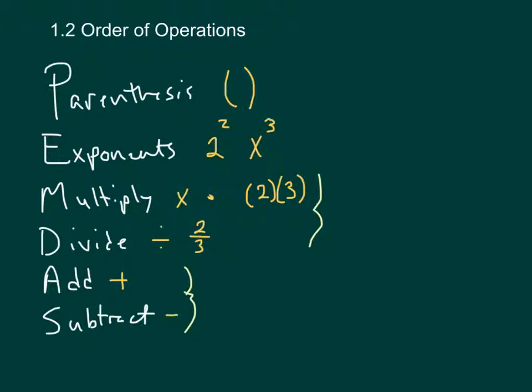Multiplication and division have the same amount of power. So one extra little rule is when I multiply and divide, I multiply and divide left to right. Then the same thing goes for addition and subtraction. I'm just going to do addition and subtraction together, but I'm going to go left to right.